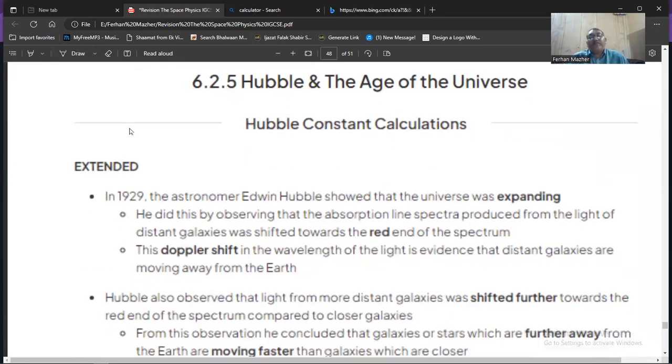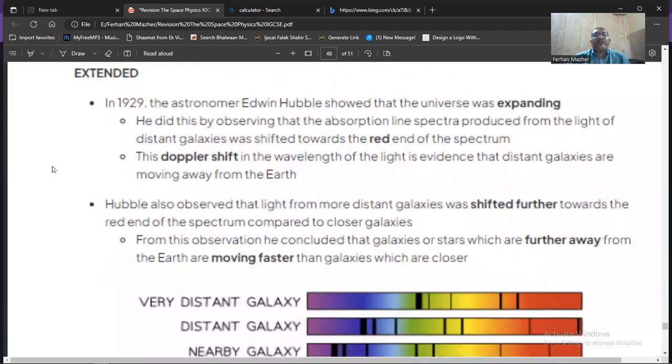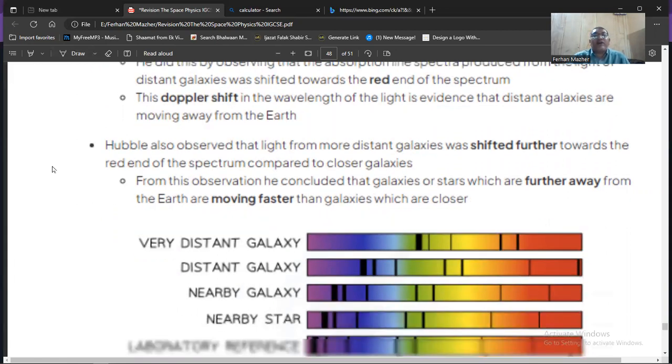Hubble and the age of the universe. Hubble constant calculations. In 1929, the astronomer Edwin Hubble showed that the universe was expanding. He did this by observing that the absorption line spectra produced from the light of distant galaxies was shifted towards the red end of the spectrum. This Doppler shift in the wavelength of the light is evidence that distant galaxies are moving away from the Earth.